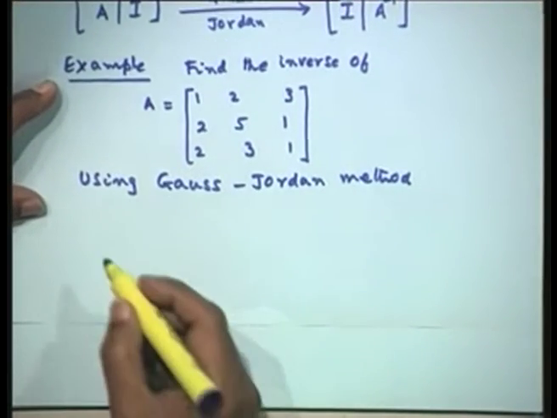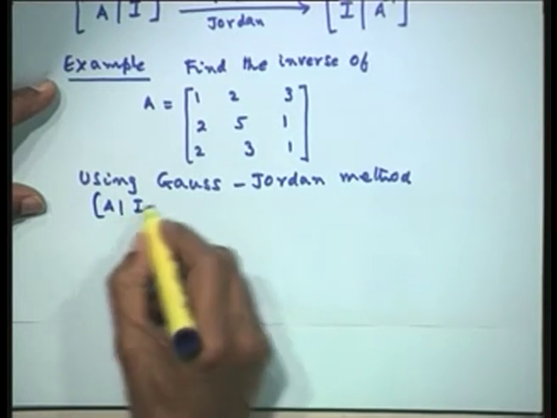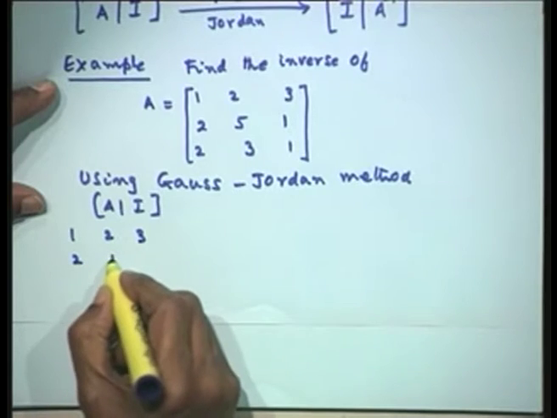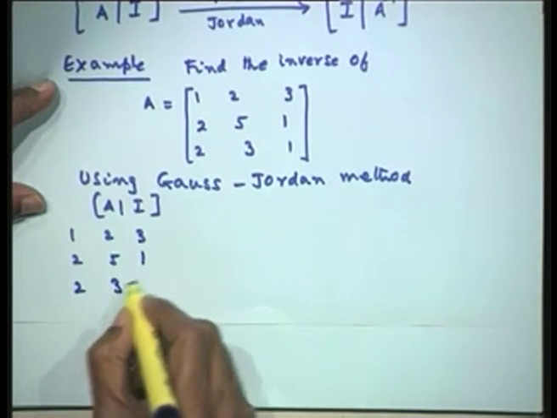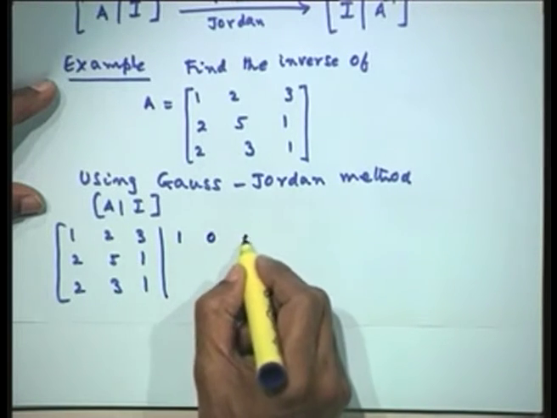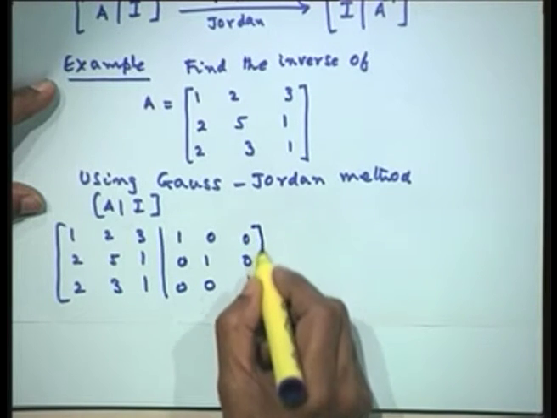Now, let us write down our first step here, that is the augmented matrix A I. So, I will write down 1 2 3, 2 5 1, 2 3 1 and 1 0 0, 0 1 0, 0 0 1.